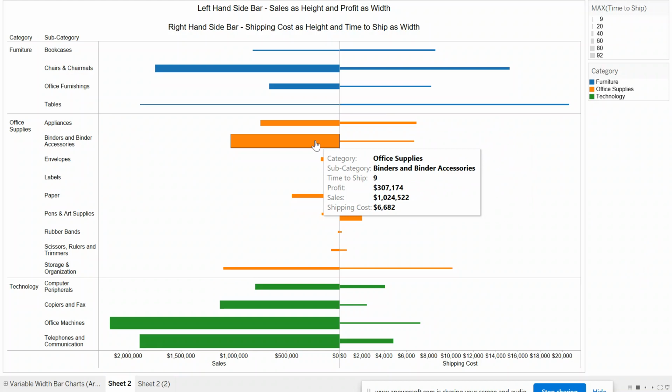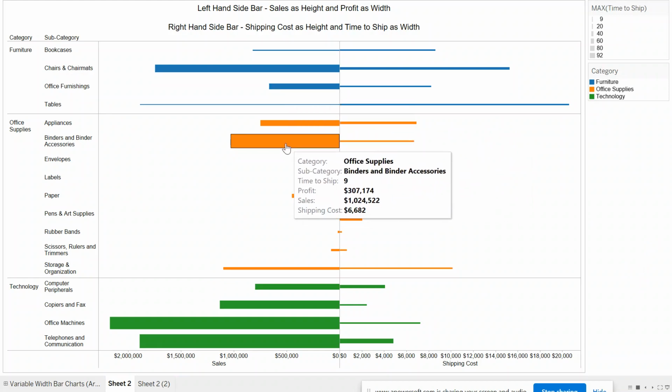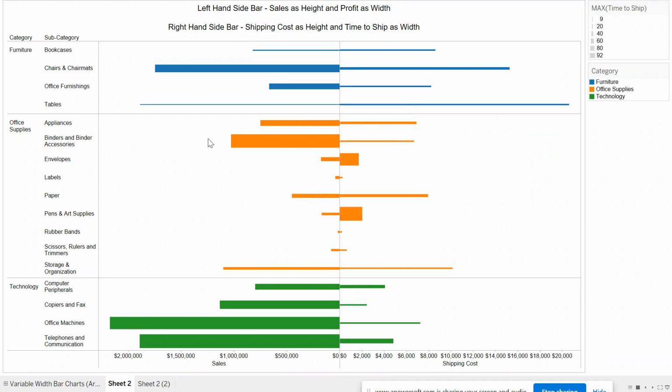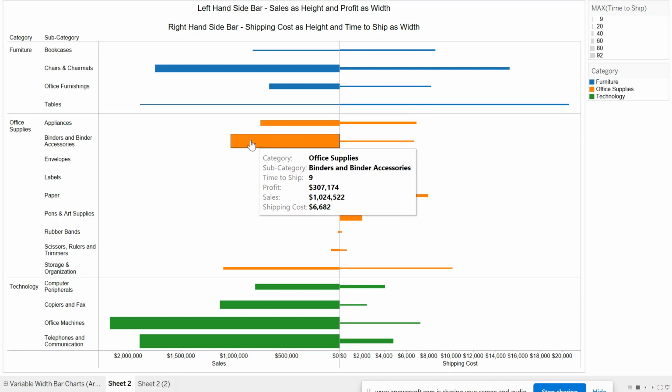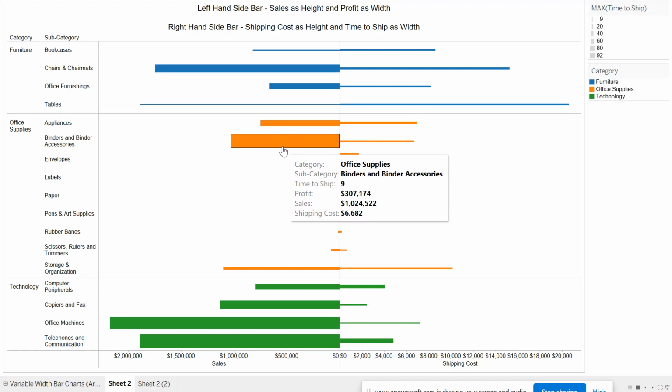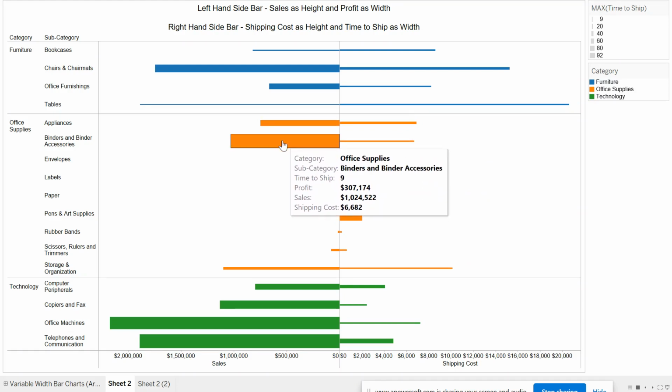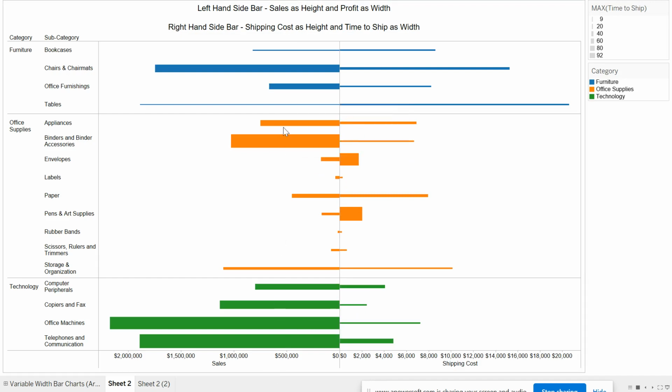On the left hand side, the height of the bar displays your sales, and the width of your chart displays your profit. If you see the left hand side of the bar alone, we have shown a variable chart with sales and profit.